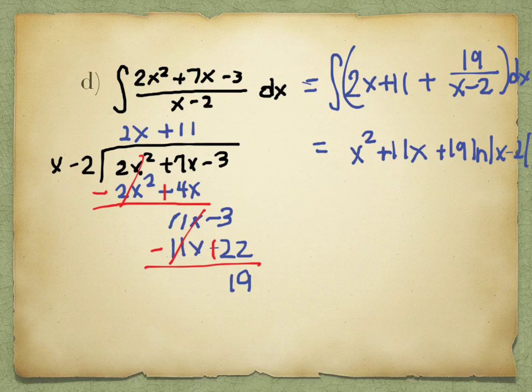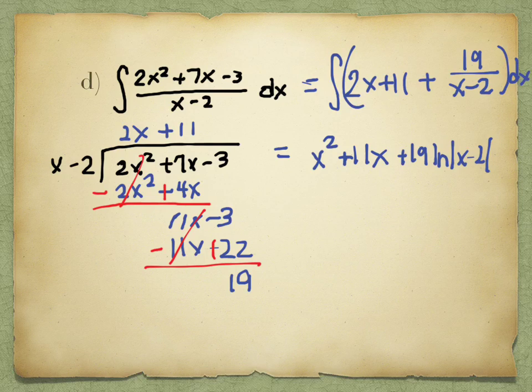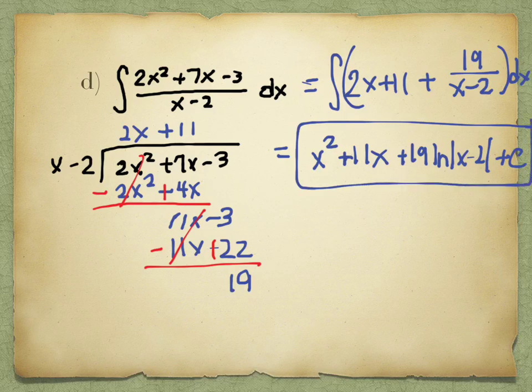I'm running out of space. Let me move this over. Okay. So I have the natural log of the absolute value of x minus 2 plus c. Thank you. So if I wait long enough, you're going to be like, she's waiting for something. What is it? Plus c.